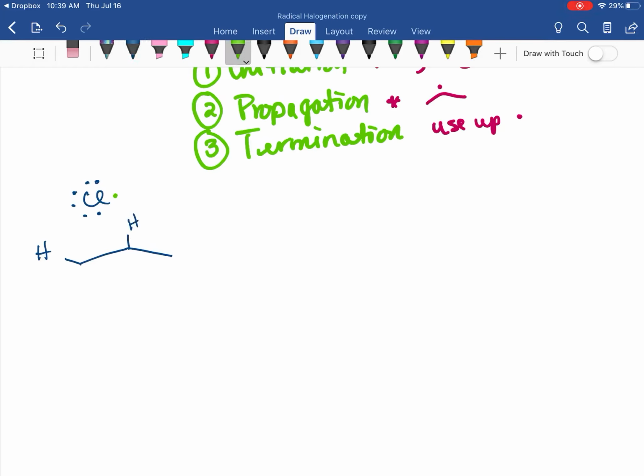But these radicals are so sassy. They can bump into this hydrogen also. So that is where the second product comes from. Let's just draw that little bit in between there. And then this is where we would make the other product, chlorine in the middle.